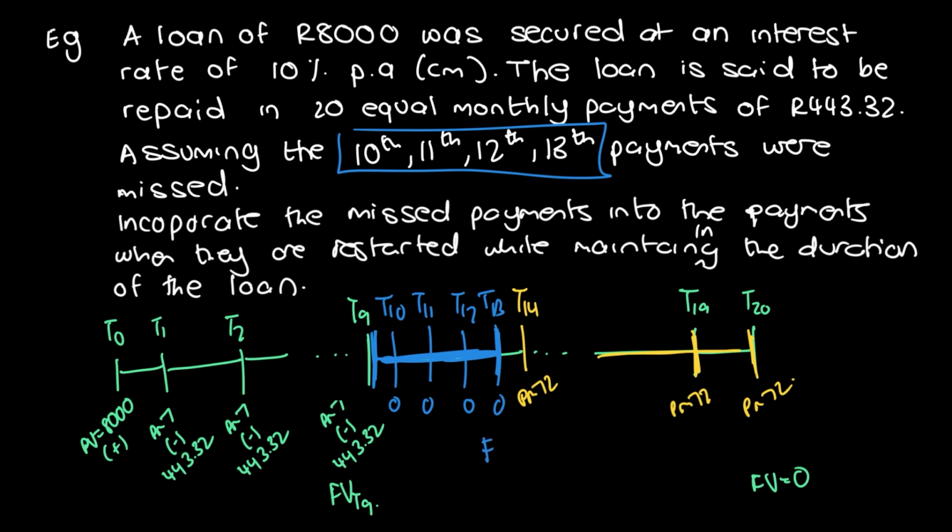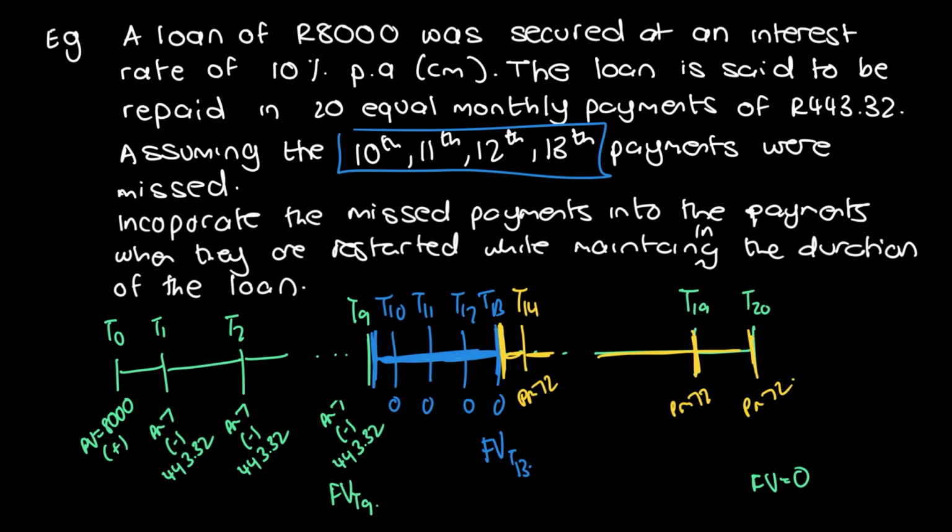So we need to work out at the end of this period here what the future value is, because at the end of that period, if we look at just the yellow part, we have an annuity structure, and we know when we have an ordinary annuity structure, we need 1 month's information before it. So we need the present value at T13 for it. So we need the future value at T13 to use as the present value at T13 for part 3.